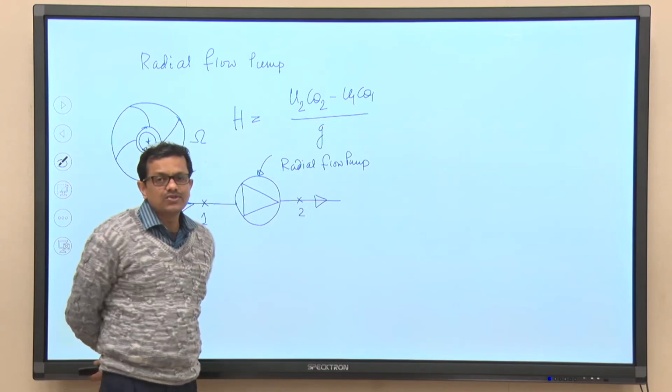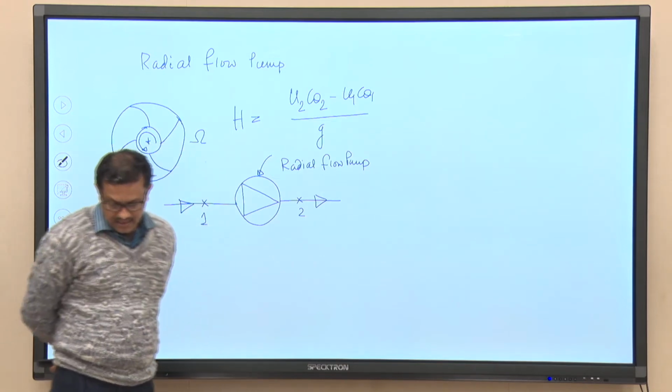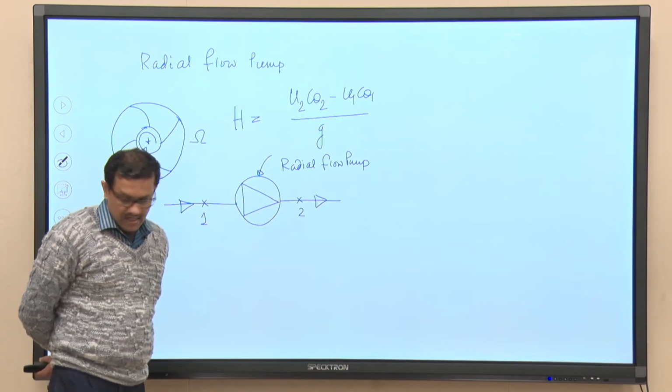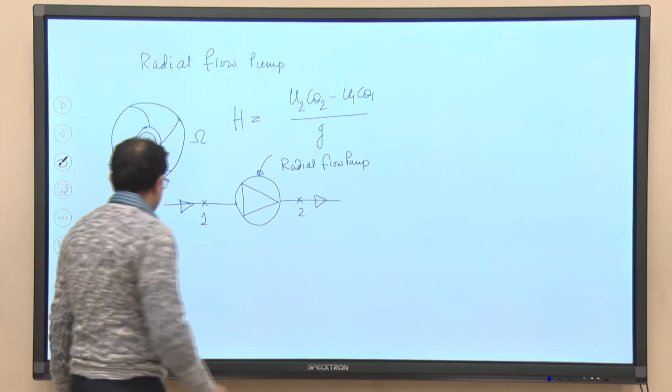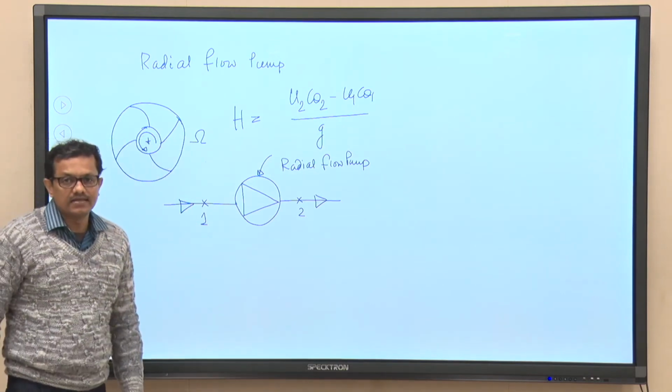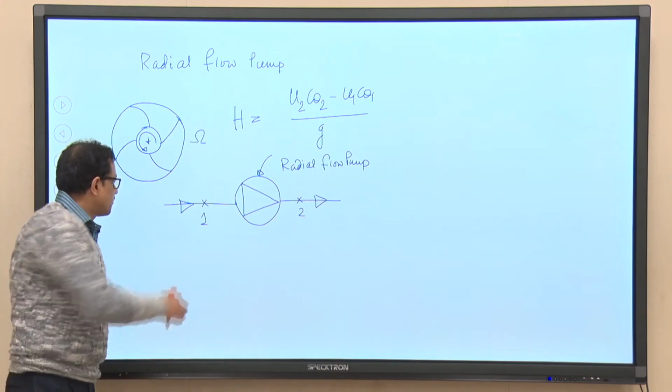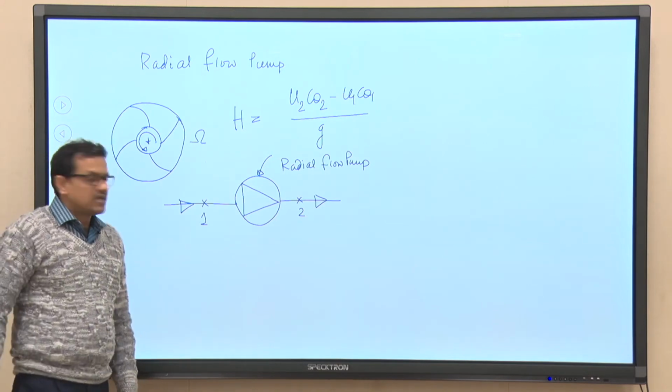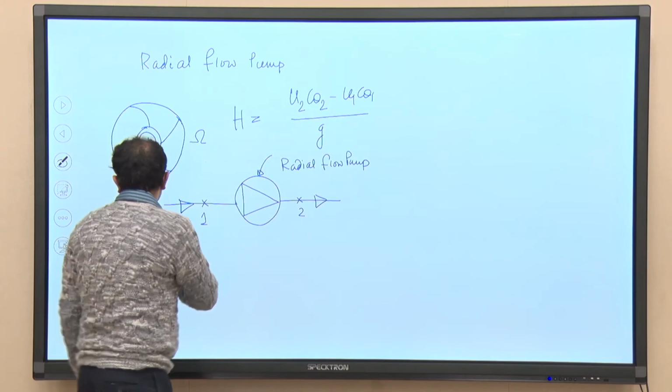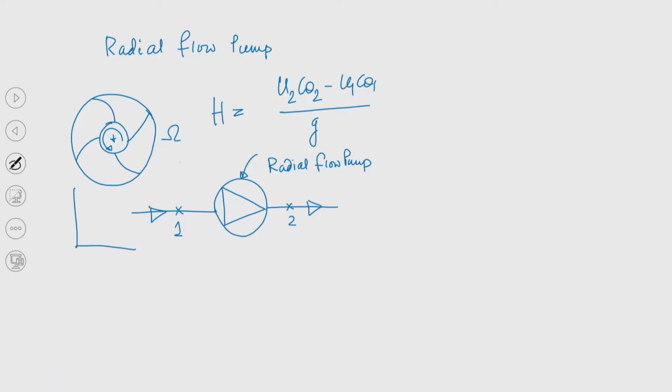Now, we need to show the net piezometric head. So, the pump is used to supply water from one place to another. Say this is one sump, this contains water, used to supply water to a different place.